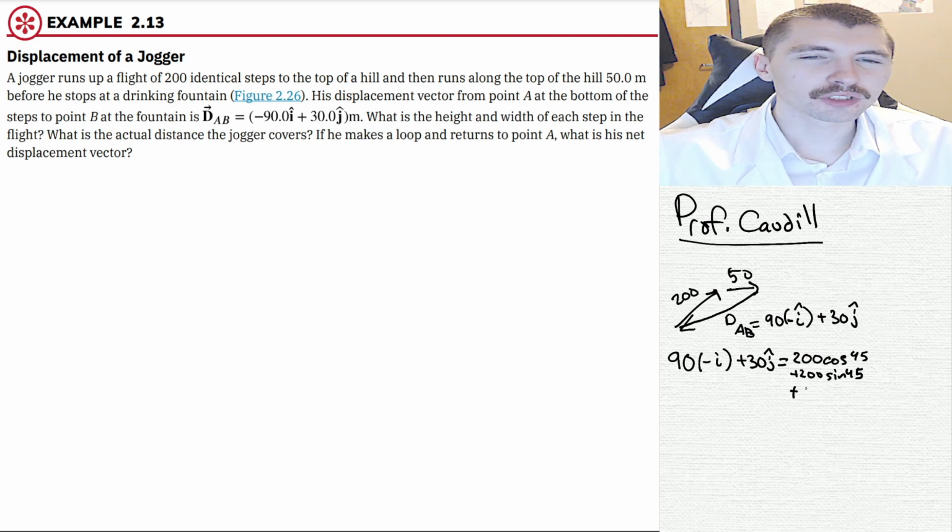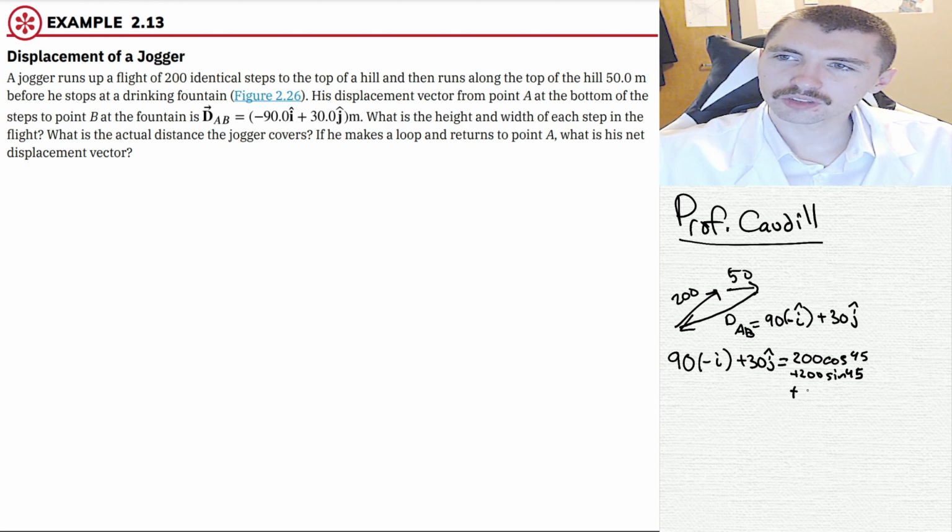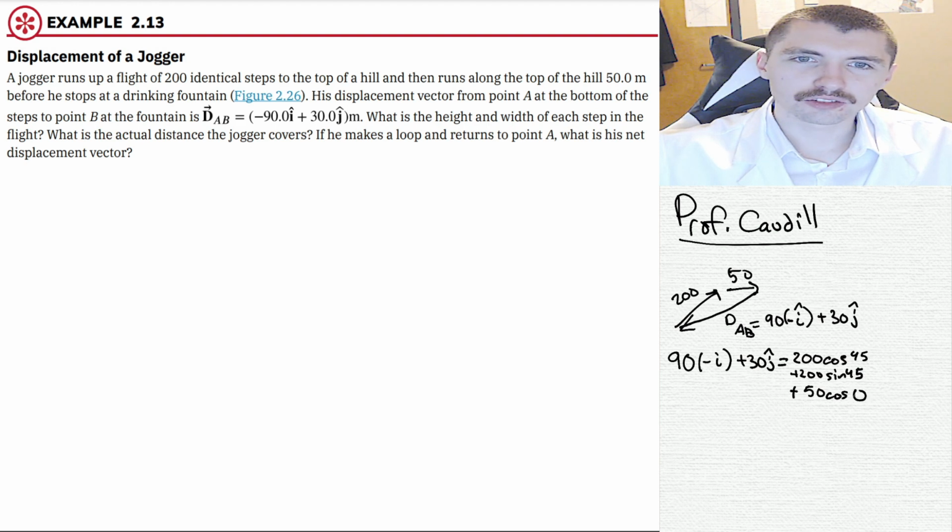What is the height of each step? So the height of each step would be our i. So 50 cosine 0.